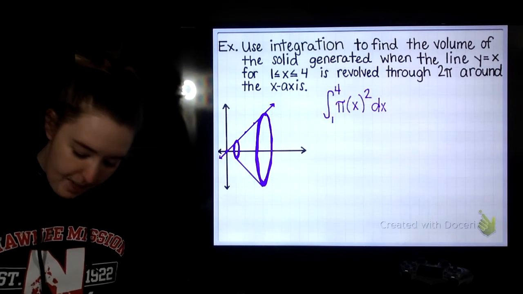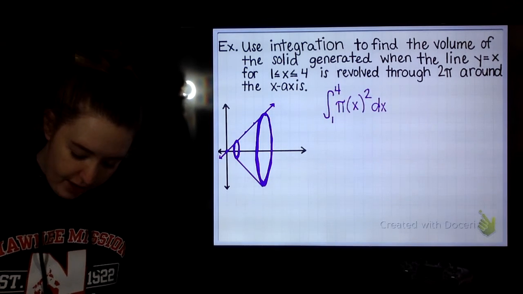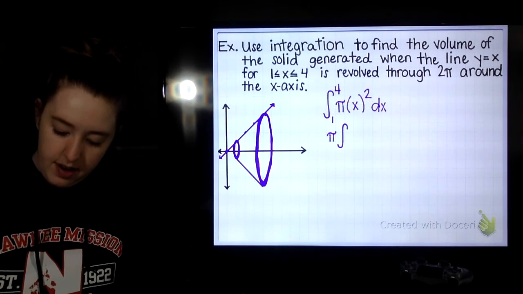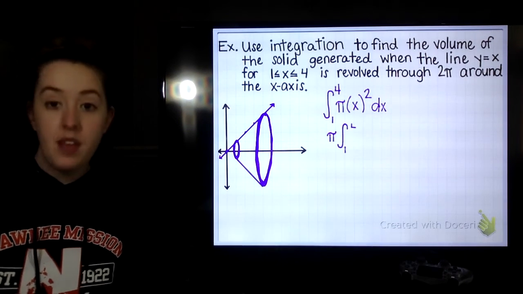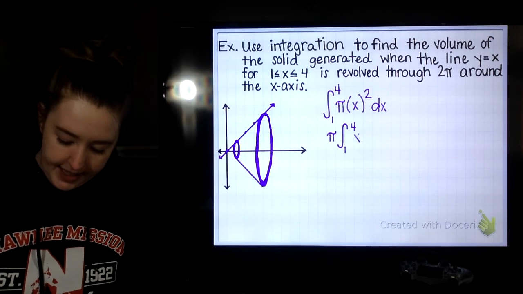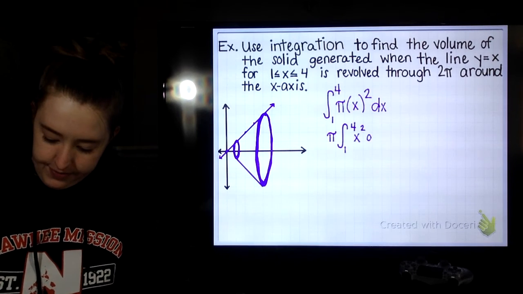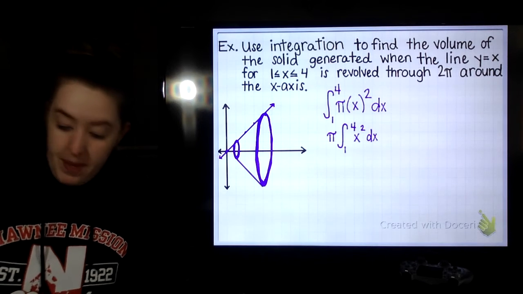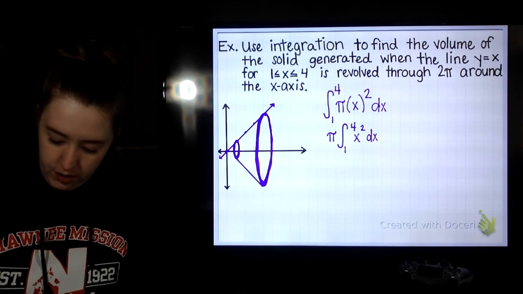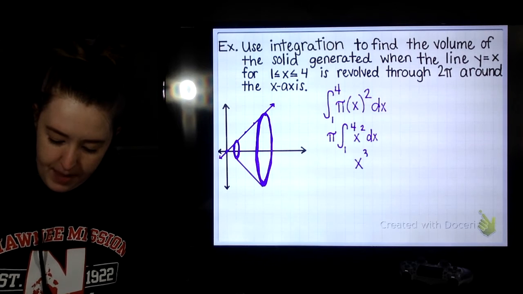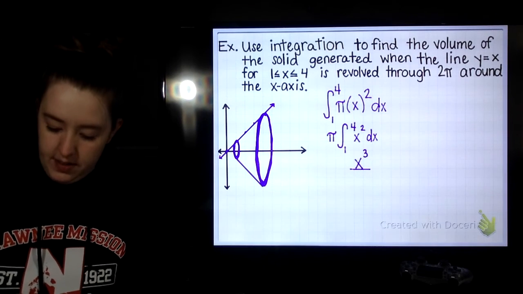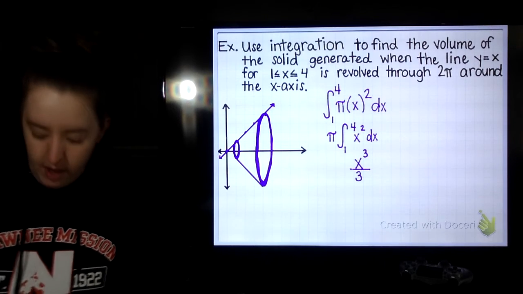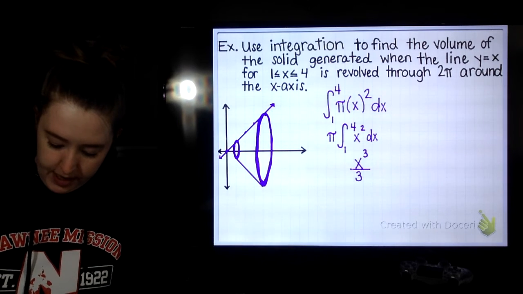So let's go ahead and solve this. Remember, we can pop the pi out front, and now I have the integral from 1 to 4 of x squared dx. Remember, I need to add 1 to the power, divide by the new power, and then I still have to multiply that by pi.